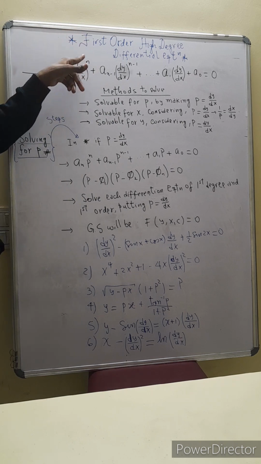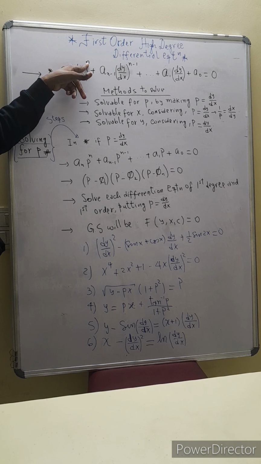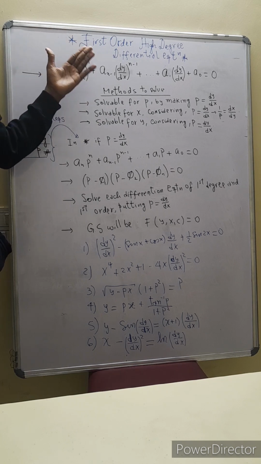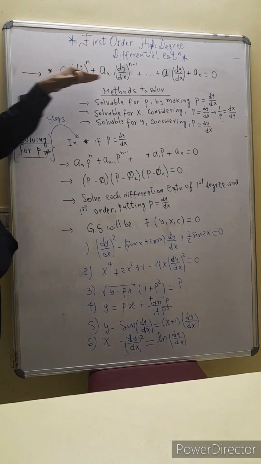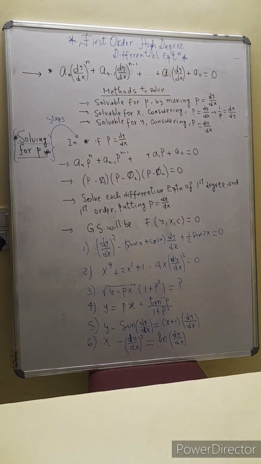It is raised to a power n, and n is usually more than 1. So suppose n is 2, 3, 4, 5, up to infinity. So this is the general equation for a first order high degree differential equation.